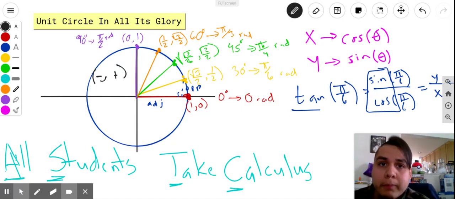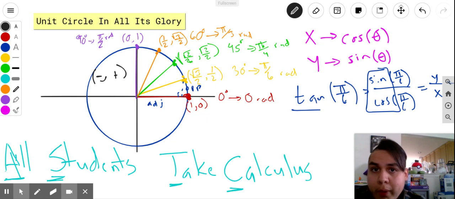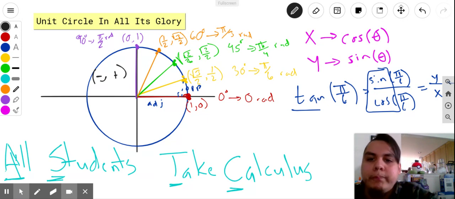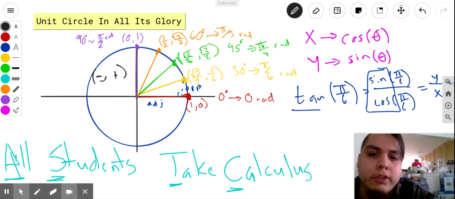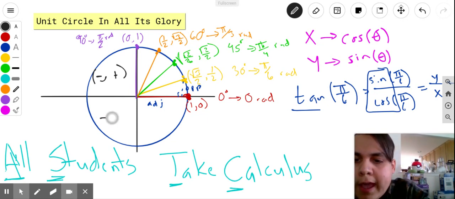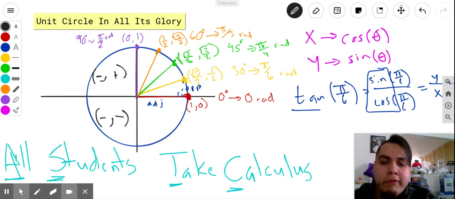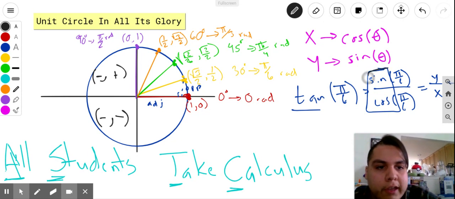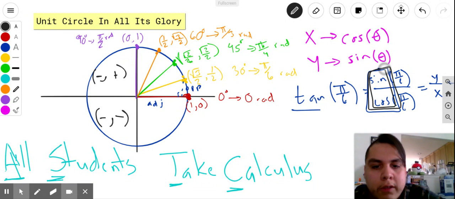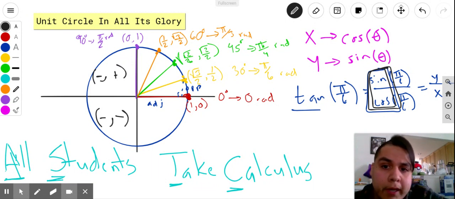And if you're not sure, you're not convinced, well, try to figure out the tangent of one of the ratios that you have, simplify it, and see what you end up with. In the third quadrant, both the x and the y values are negative. So if we think about how the tangent is found by dividing the sine by the cosine, if you're dividing two negative values, your tangent should be positive.